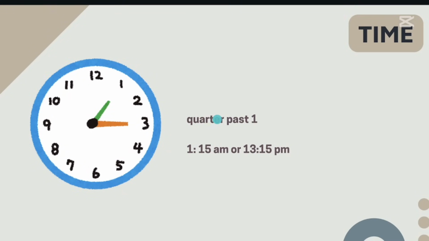And the other term, when someone asks you what is the time now, you can say it's 1:15. So when you say quarter, it's 15 minutes past 1 o'clock.